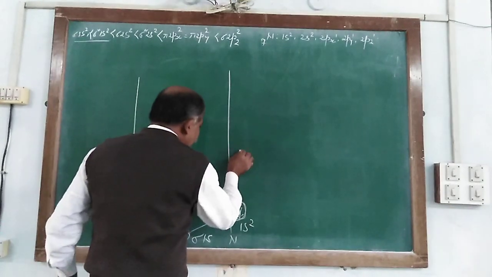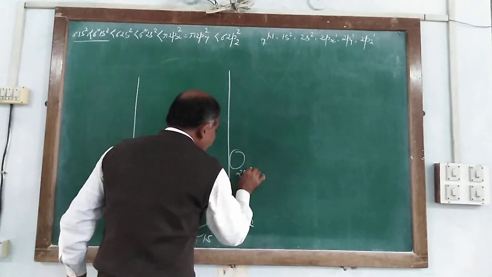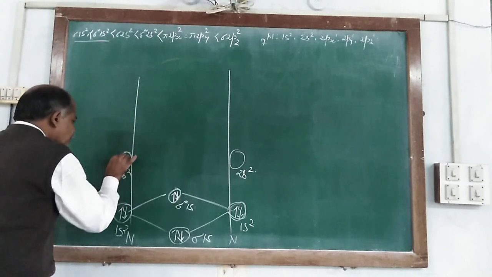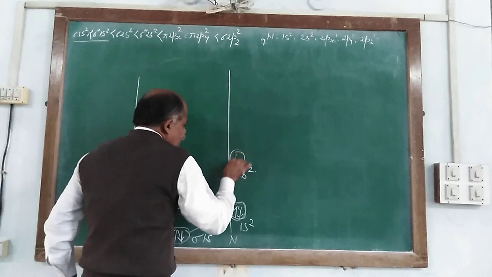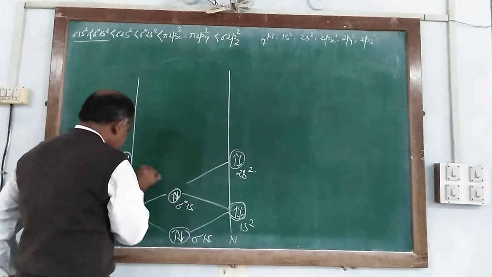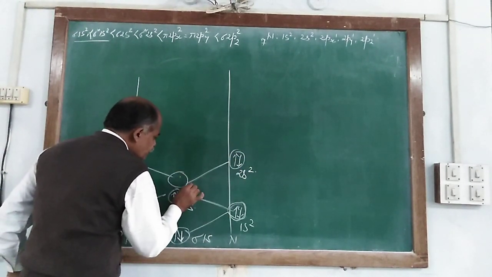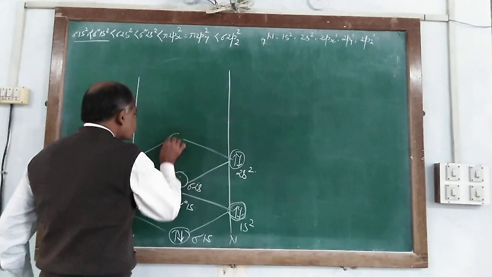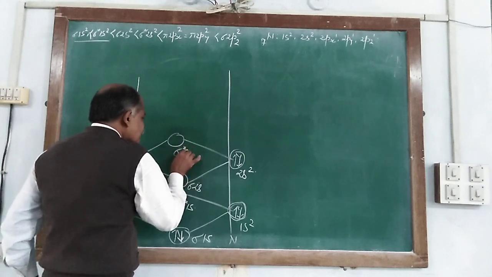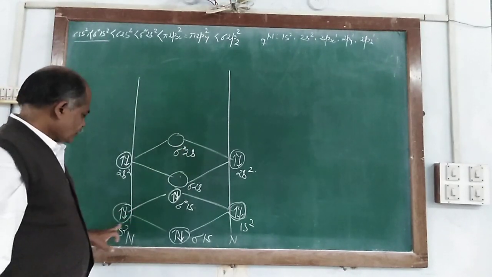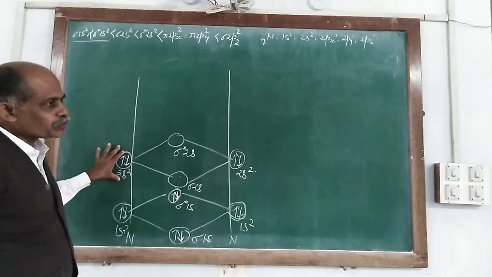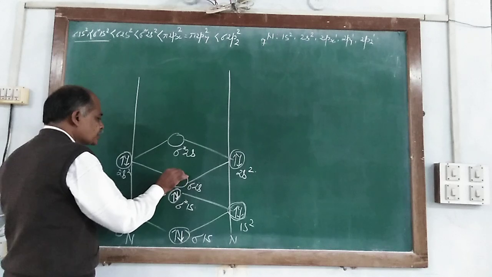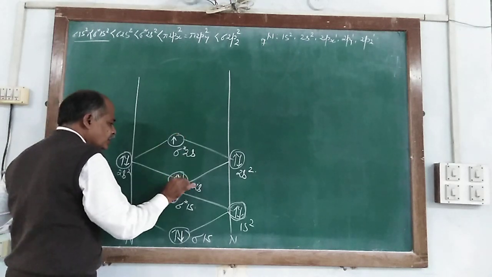Now, it also has 2s2 and here also it is 2s2. So the 2 electrons from here are distributed in sigma 2s and sigma star 2s. Similar to the 1s orbital, the 2s orbital also has 2 electrons, distributed in a similar way.